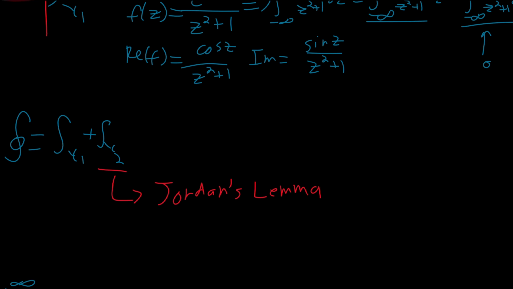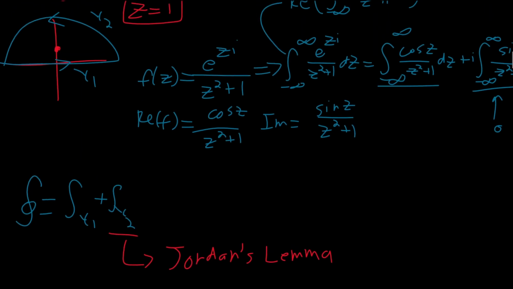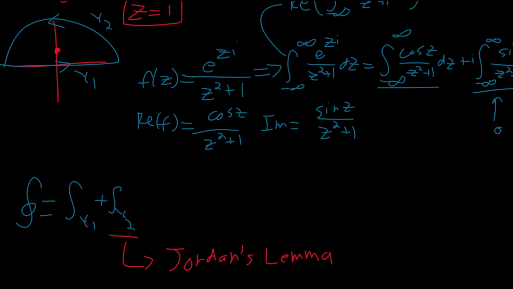That essentially states that if you have an integral in this sort of form, where you have an e here and a polynomial over some sort of polynomial, where this power right here is at least 1 greater than the one in the numerator, which it is, 2 compared to 0, and this right here isn't 0, of course, then essentially the line integral of that upper semicircular bit is just going to go to 0.